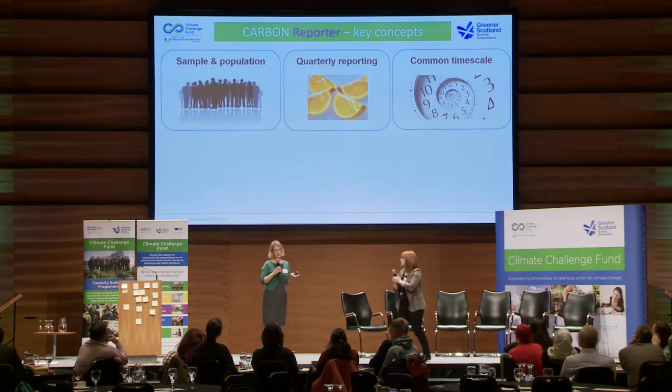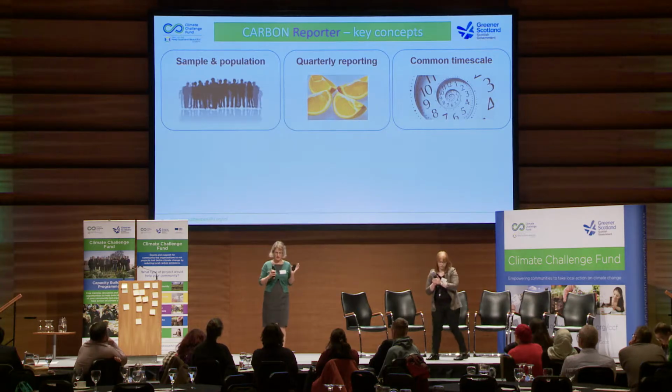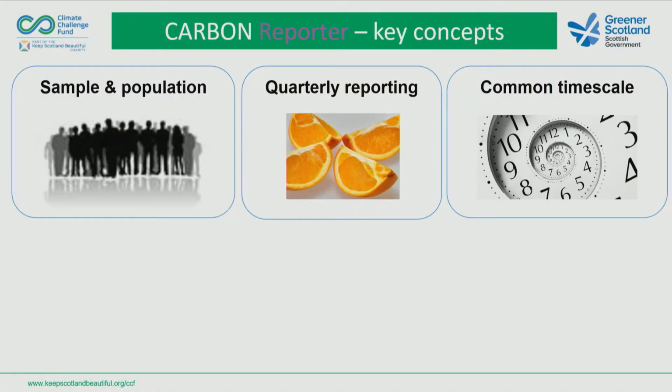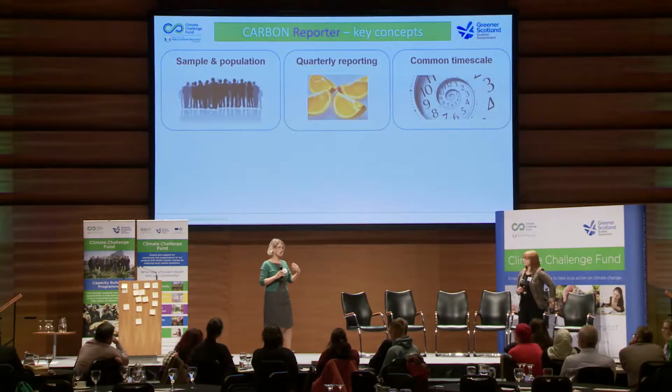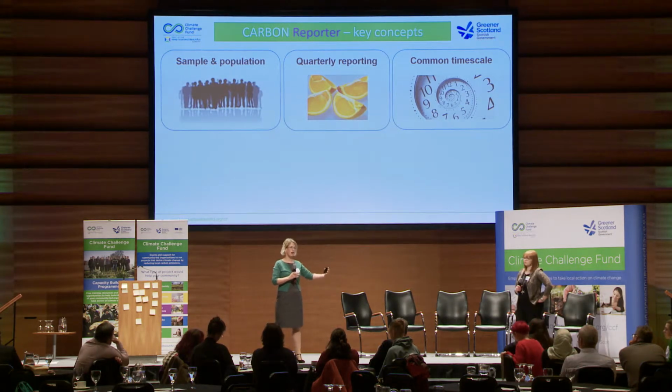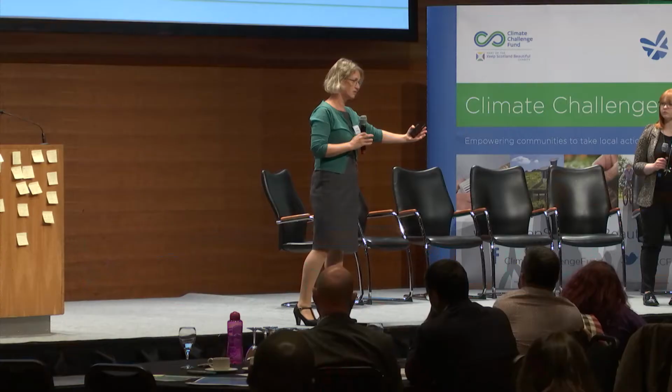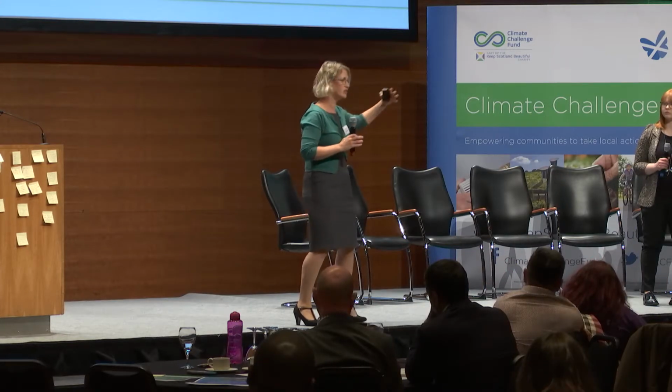We also have common timescales. Again, this is really difficult to try and explain to people in a short amount of time. But basically what we're doing is annualizing savings. So it doesn't matter where in the project, if you have a 2-year project and you engage with a household at the end of year 2, that's annualized forward.